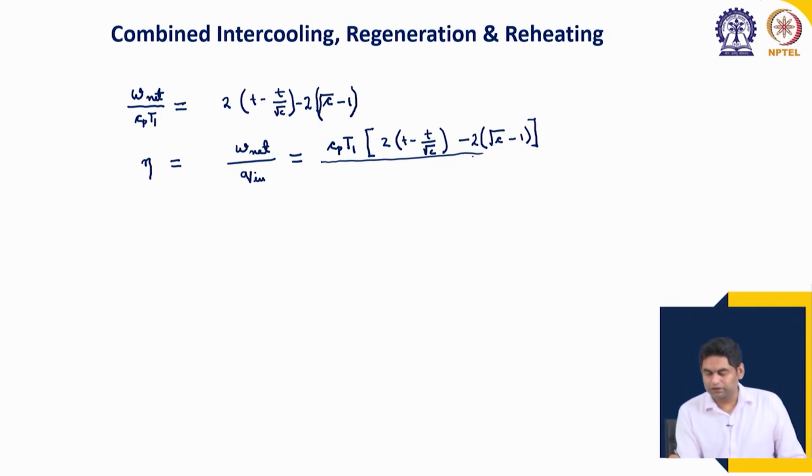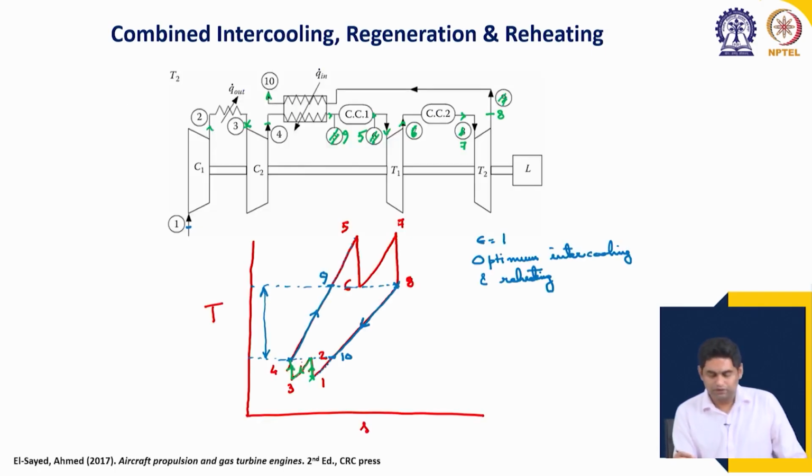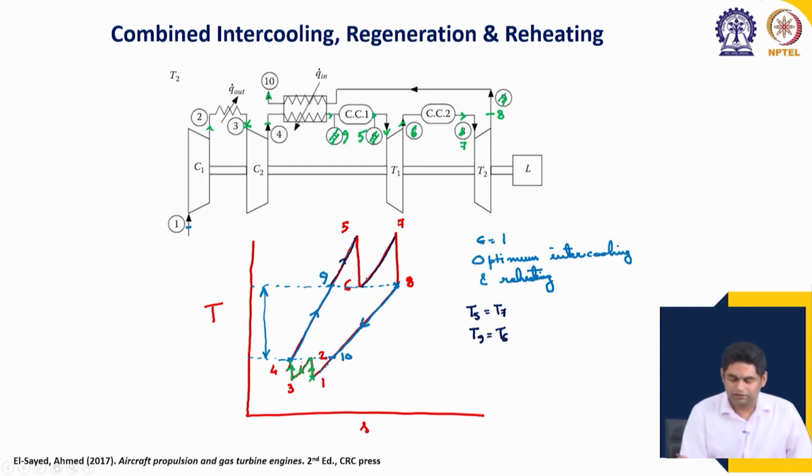Heat addition in this case is very simple. So, it is from 9 to 5, okay, this process, and from 6 to 7. Both are equal because as per our conditions T5 is equal to T7, and we have defined that for 100% effective regeneration T9 is equal to T6. Okay. So, T5 minus T9 equals T7 minus T6.